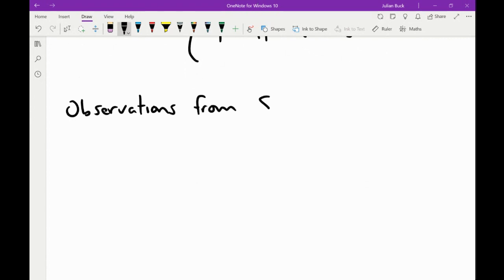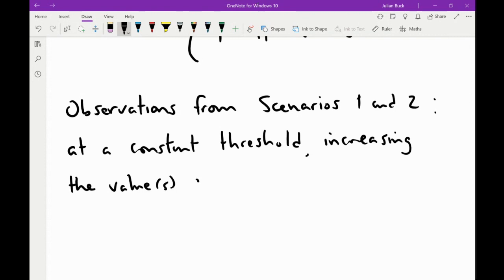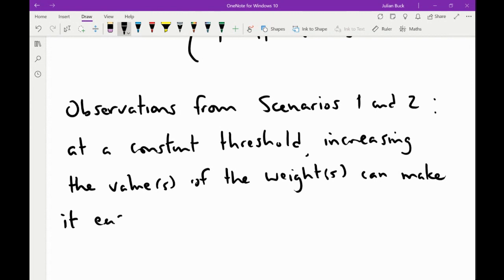So, observations from scenarios 1 and 2. At a constant threshold, increasing the values of the weights, depending on, in that case we did 2, but even for just a single one it may change, can make it easier to output a 1.